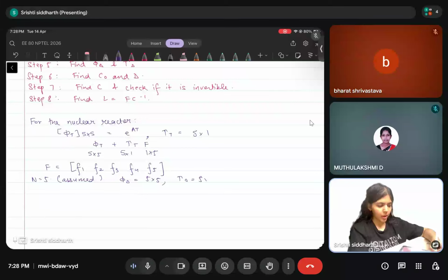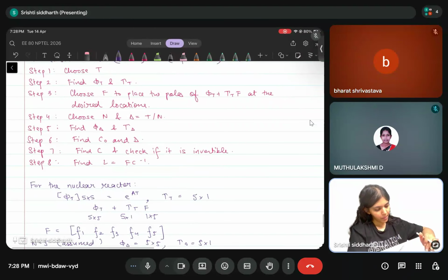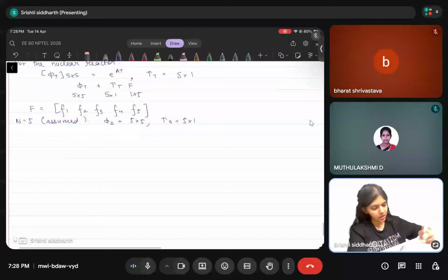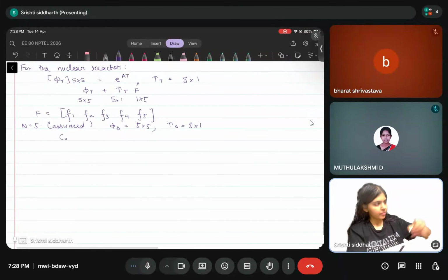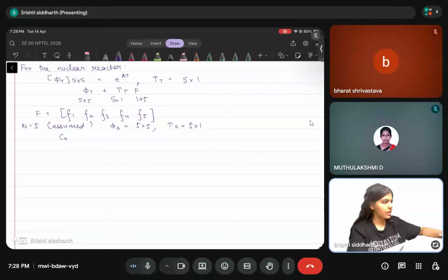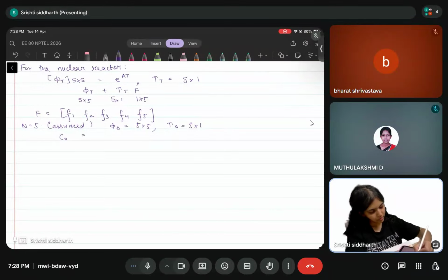Gamma delta is 5 by 1. We have to calculate C0. So C0 is C phi delta, C phi delta square.